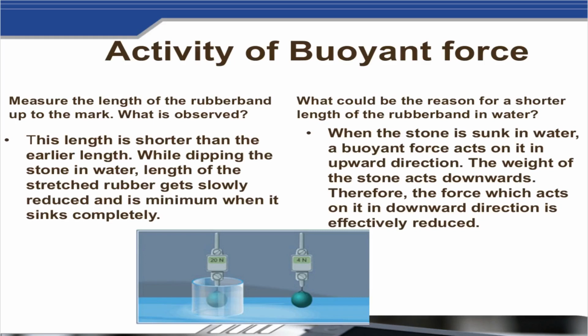When the stone is sunk in the water, the buoyant force acts on it in the upward direction. The weight of the stone acts downward. Therefore, the force which acts on it in the downward direction is effectively reduced. In other words, this decreases the downward force on the rubber band, hence the length of the rubber band is reduced.